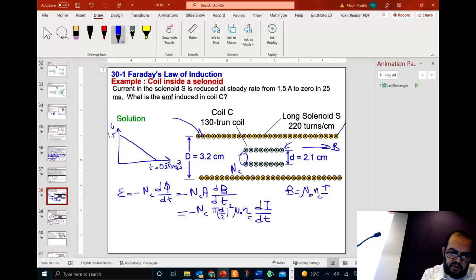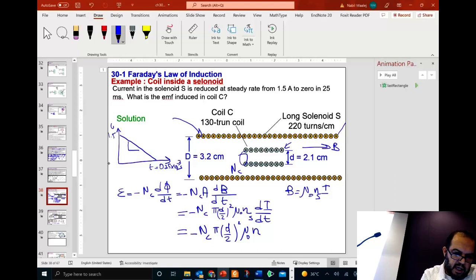What is the derivative of the current? It's the slope, and you can see here it's a negative slope. Well, let me write it. So this is going to be minus N_C pi (d over 2) squared mu 0 n_S, for coil S. Okay, the derivative of the current, let me call this I2.